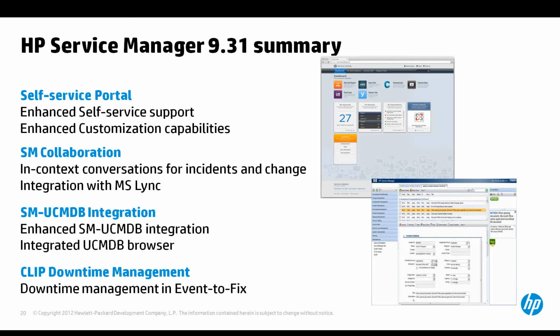So in summary, in Service Manager 9.31, and you'll see that in a lot more detail in the demo, we've got four main functions that have been added. First of all, a completely new self-service portal, adding a number of functional characteristics such as management of subscriptions, approvals, knowledge search, and a lot more customization capability.